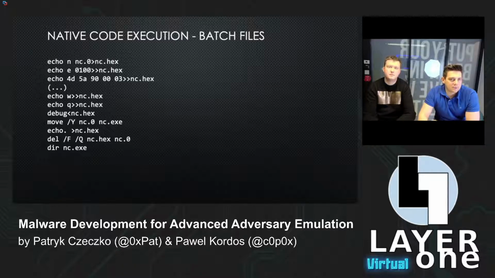And there's a cool trick from old times, when we want to leverage batch files to execute an executable: we can use tools like exe2bat or hexbat, whatever it's called, to write a hex dump in this form, and then the batch file, when executed, retrieves the contents of the file and runs it using the debug tool, which is present on all Windows systems, I guess.